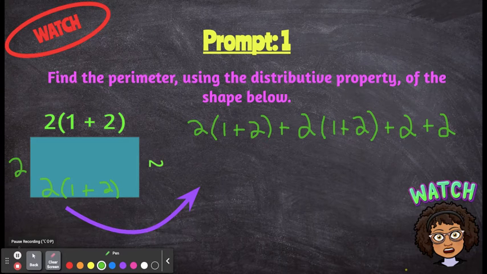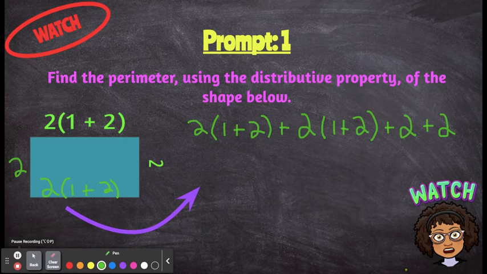All right, so we have 2 parentheses, 1 plus 2 parentheses, plus 2 parentheses, 1 plus 2 parentheses, plus 2 plus 2. You see there are 4 groupings, 4 sides because we're finding the perimeter, which is just adding all the sides around.